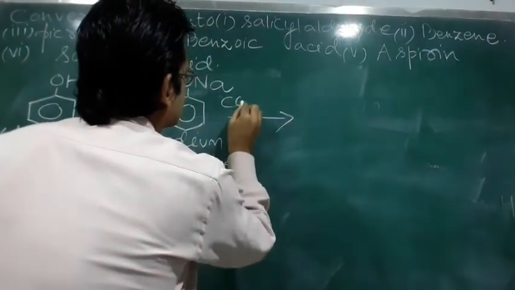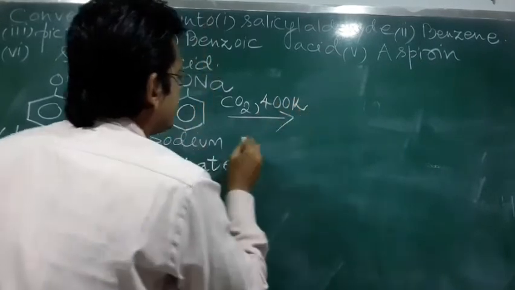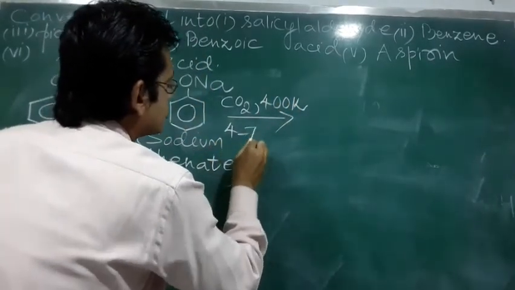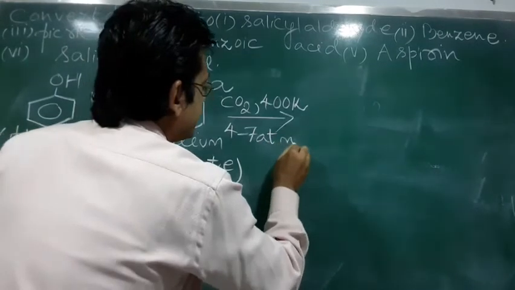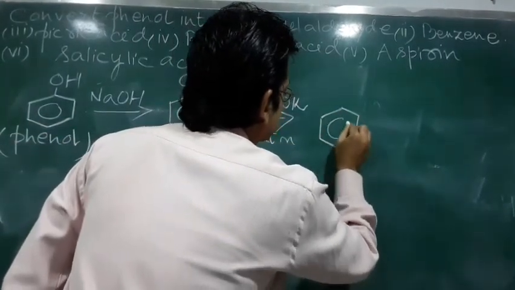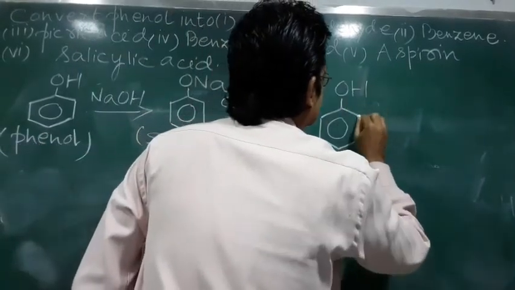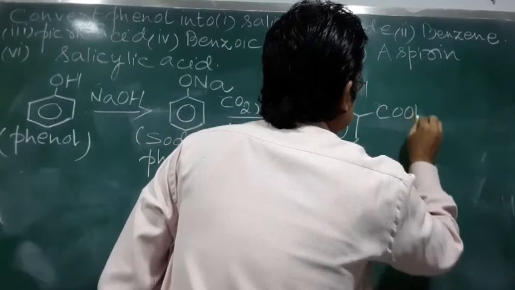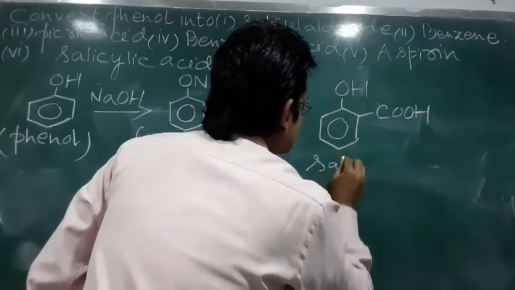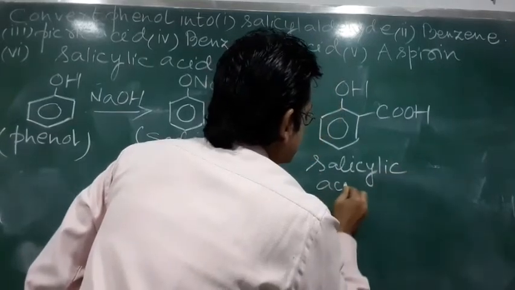Next, CO2, 400 Kelvin, 4 to 7 atm. This is called salicylic acid.